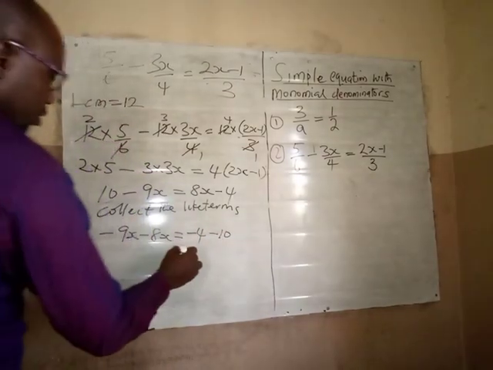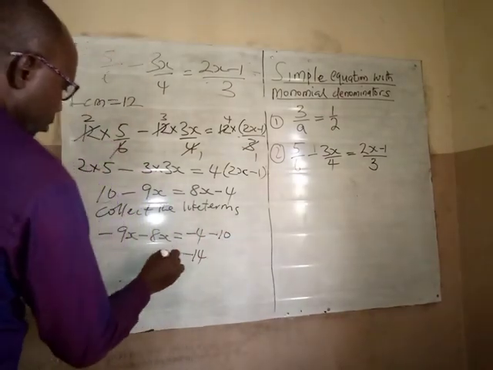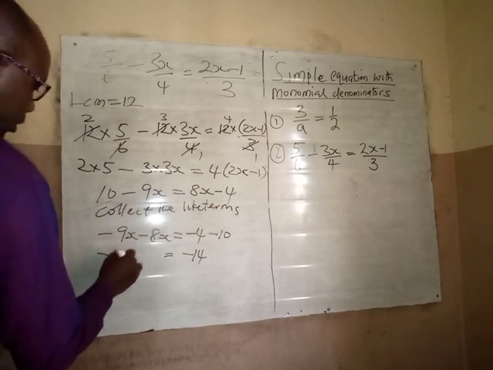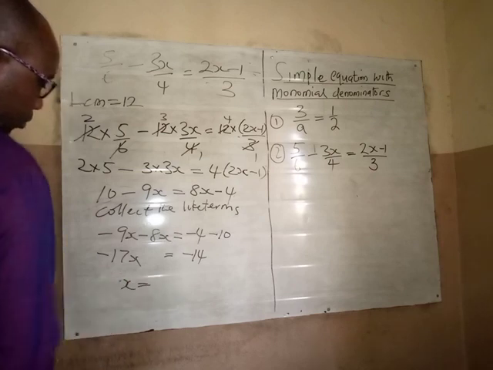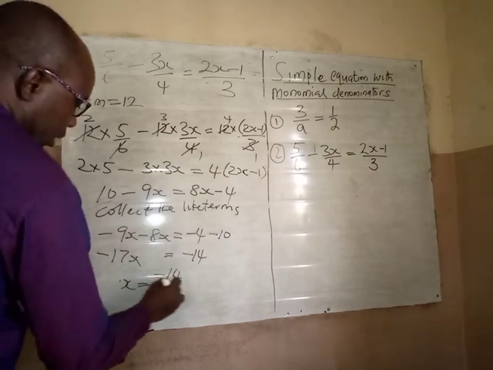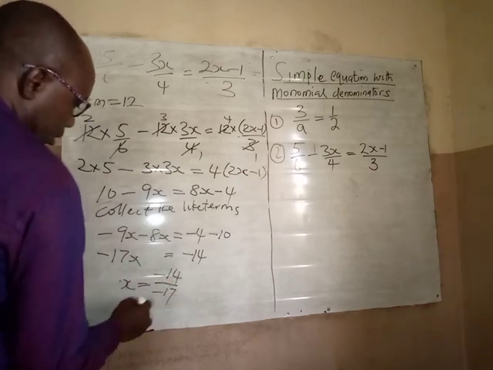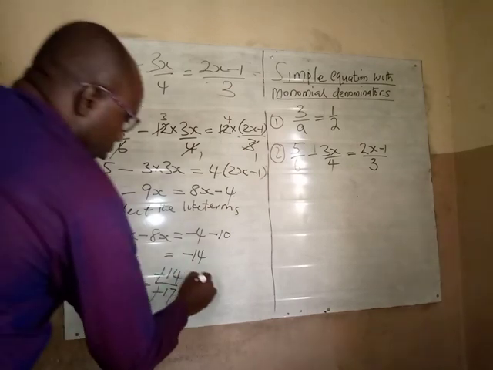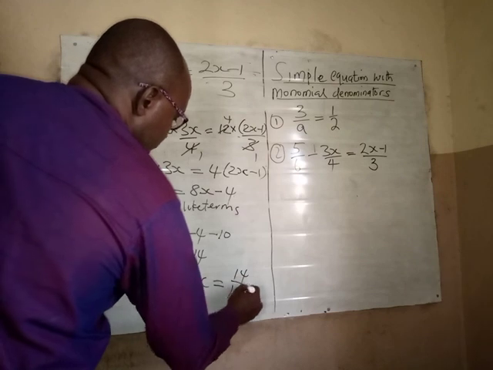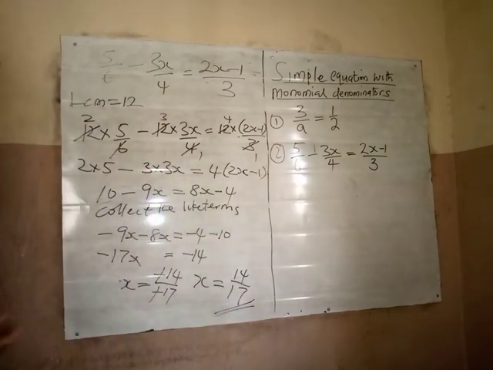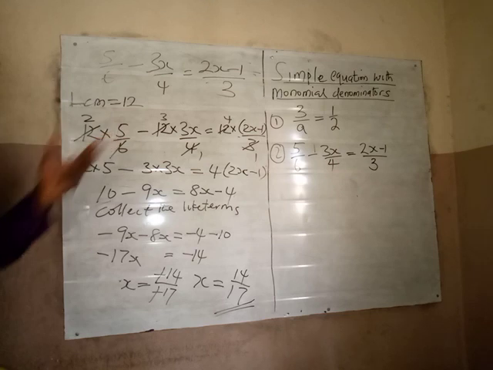So what we now have is minus 14 equals minus 17x. Okay, x will be equal to minus 14 divided by minus 17. Minus cancels minus. So x will be equal to 14 over 17. This is how to solve such equations.